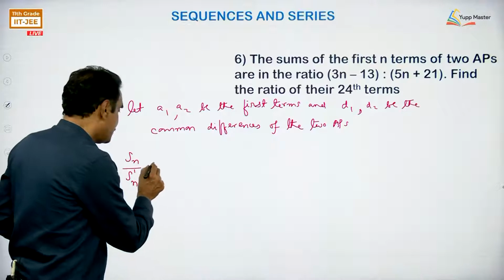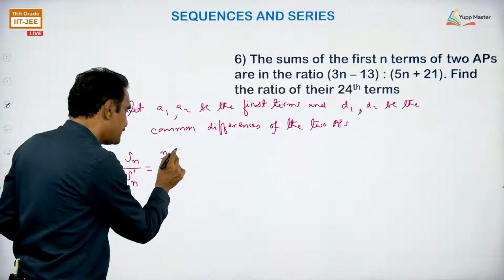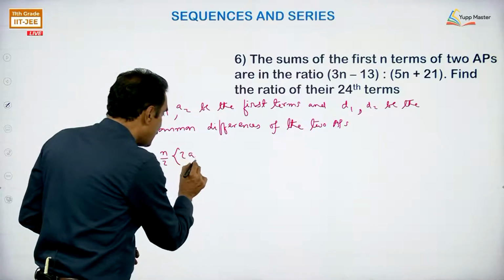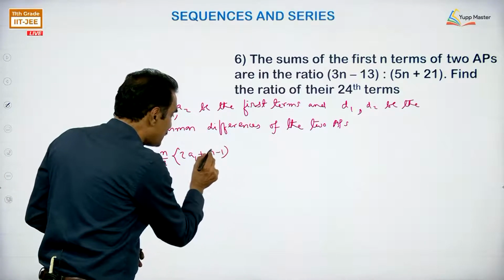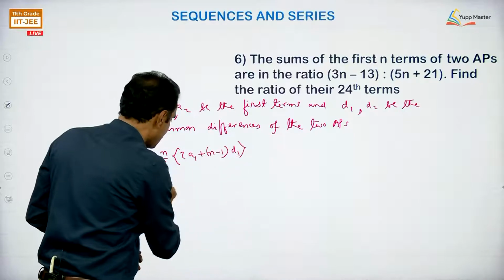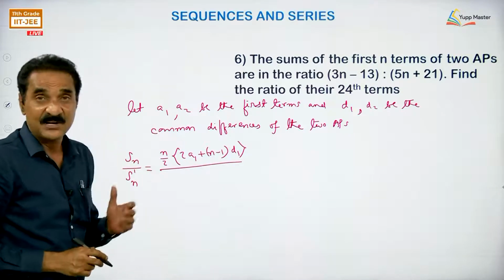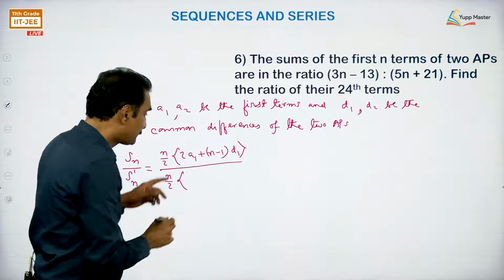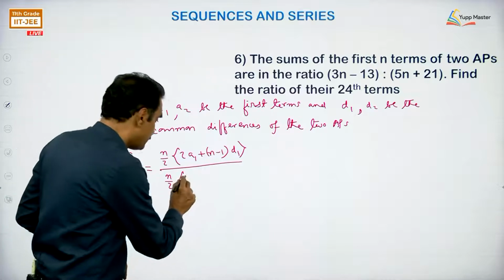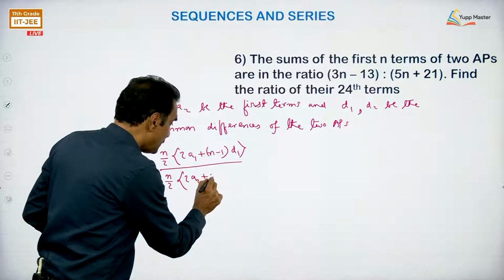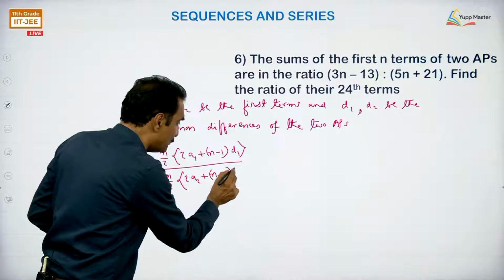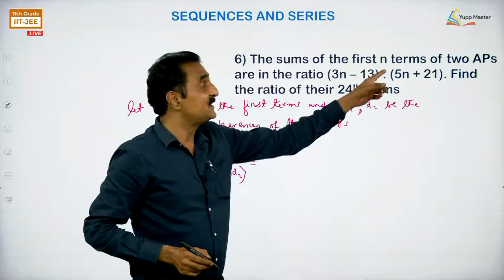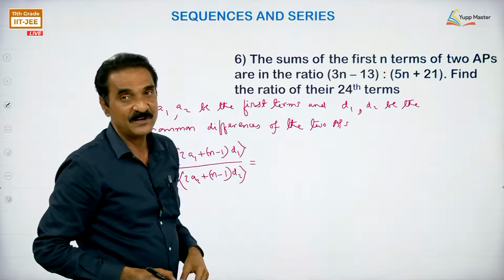How do you get? Sn is n by 2 into (2a1 plus (n minus 1) into d1), alright, upon S dash n, n by 2 into (2a2 plus (n minus 1) into d2), is given as 3n minus 13 divided by 5n plus 21.